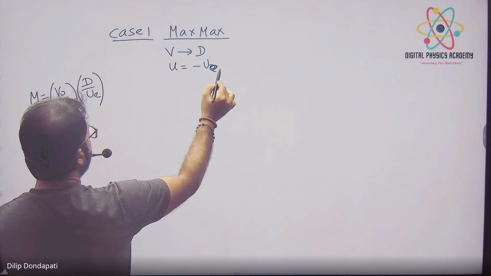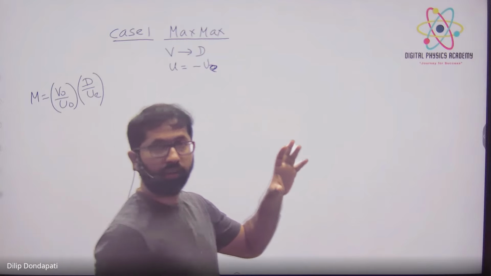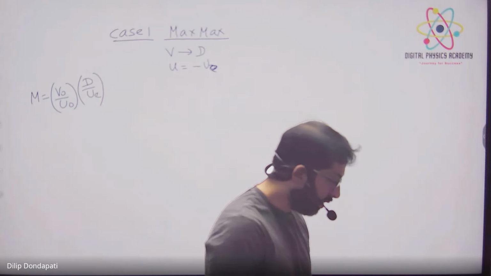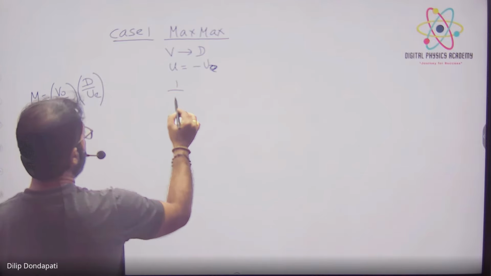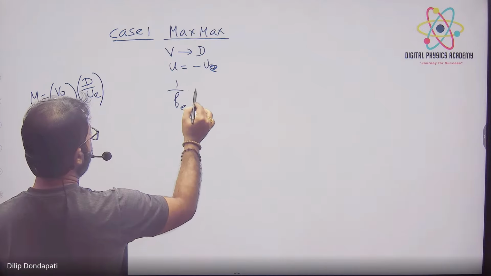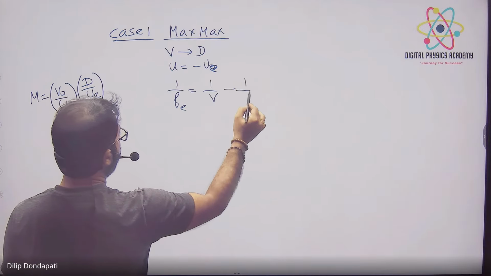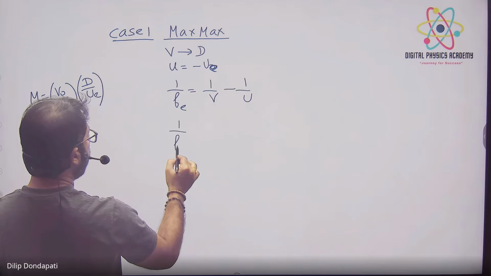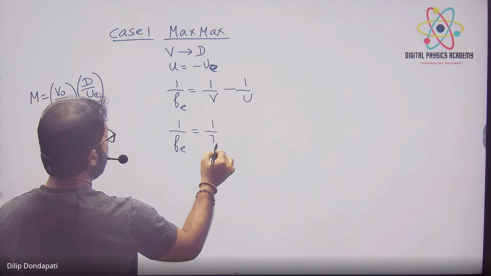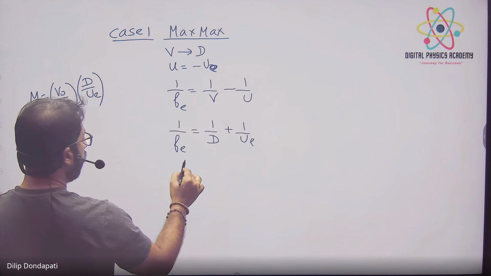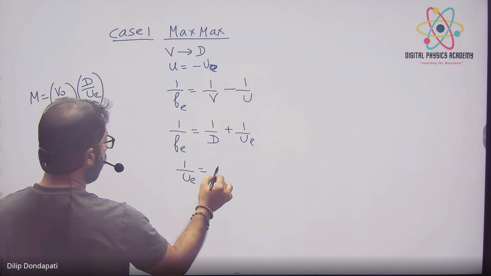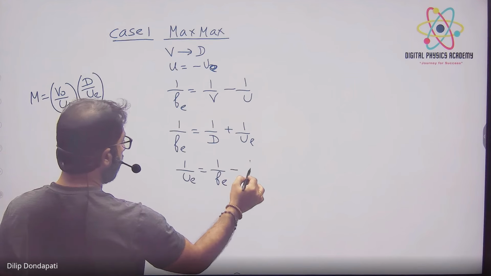You have to always use the eyepiece lens finally. Use the eyepiece and tell me: 1 by FE is equal to 1 by V minus 1 by U. 1 by FE is equal to 1 by D minus of minus plus 1 by UE. So 1 by UE is equal to 1 by FE minus 1 by D.